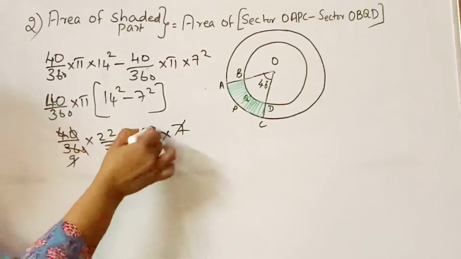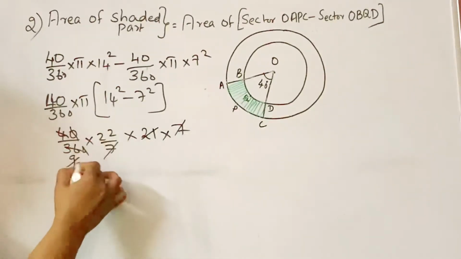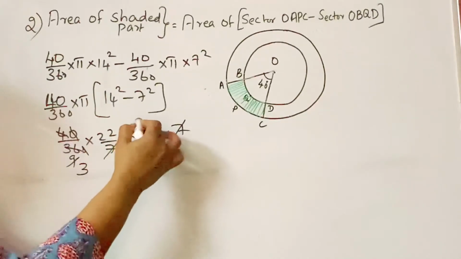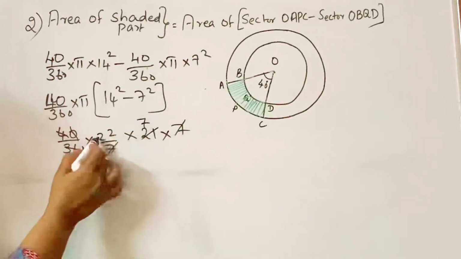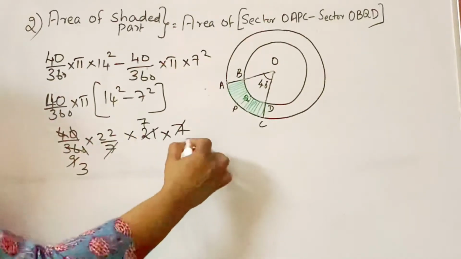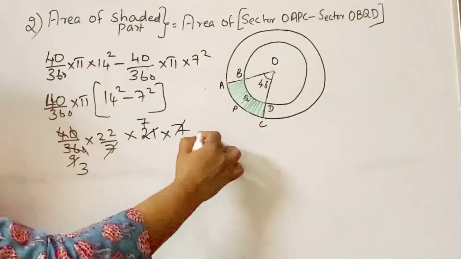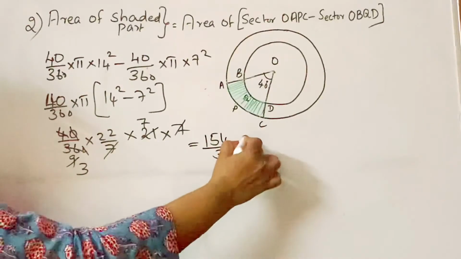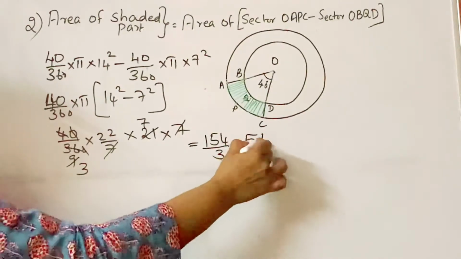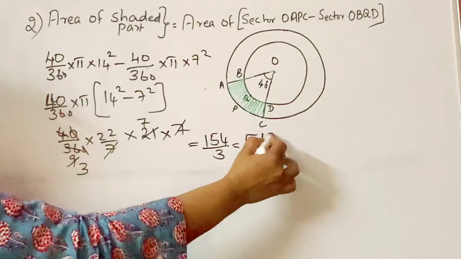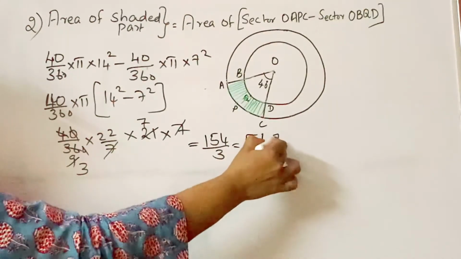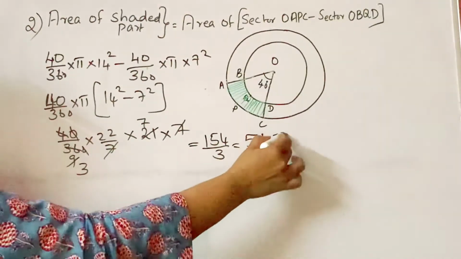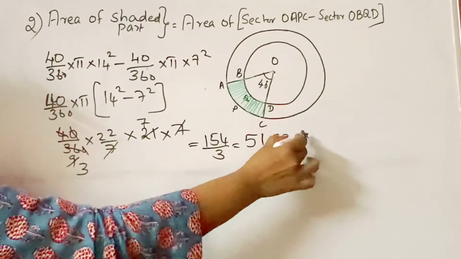Then 3 will go in 9 3 times and in 21 7 times. That means you will get 22 into 7 by 3. That is 154 by 3, which is equal to 51.33 centimeters square.